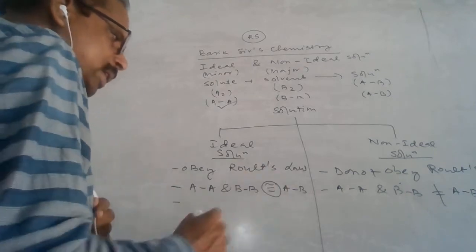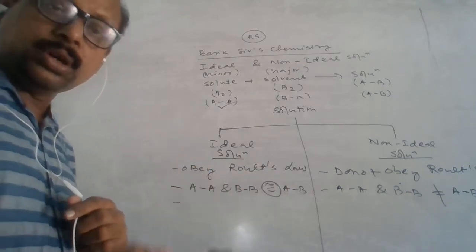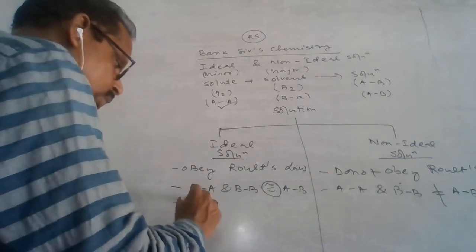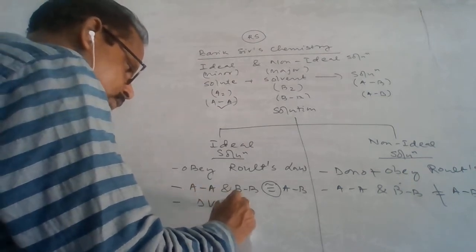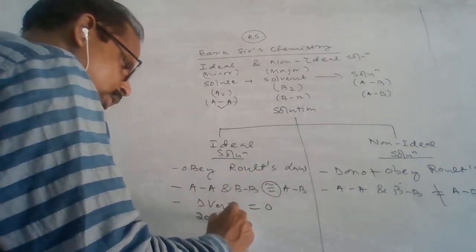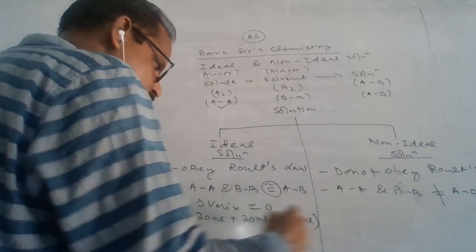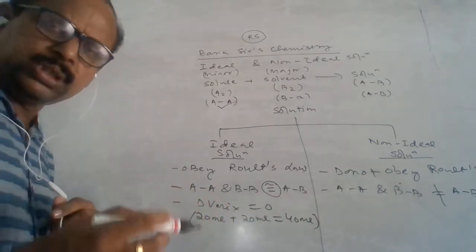When the force of attraction is equal, there will be neither expansion nor contraction in the volume, so delta V mixing is equal to 0. It means if we take 20 ml of solute and 20 ml of solvent, that becomes 40 ml of the solution. Nothing is going to change.